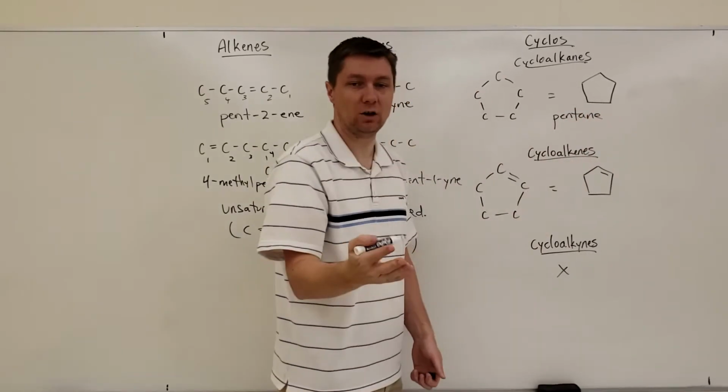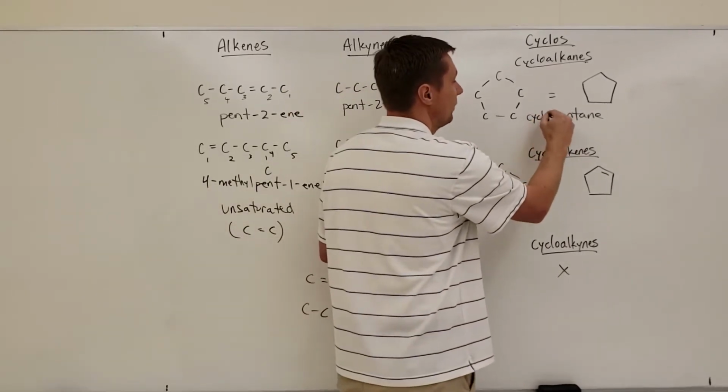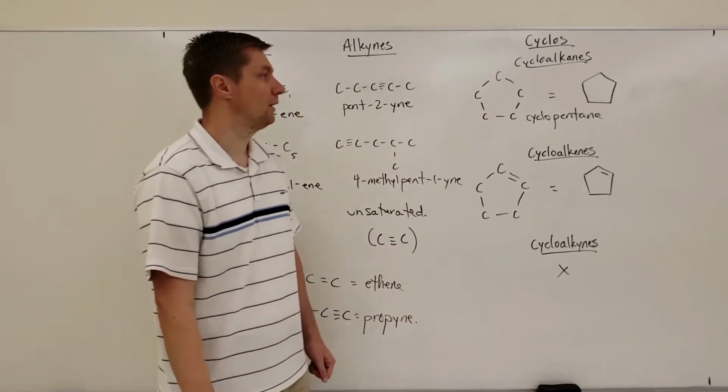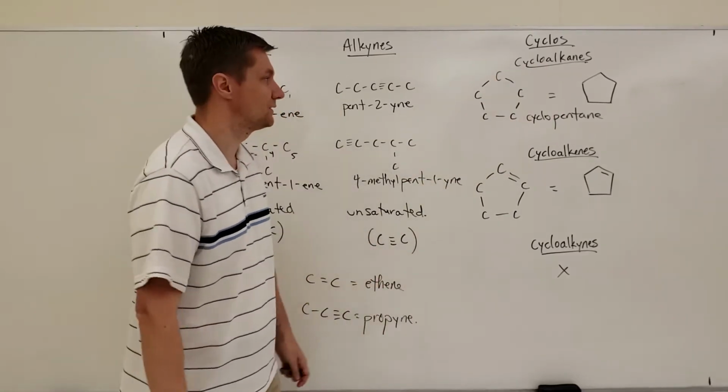The chain is 5 long and it's an alkane because they're all carbon-carbon single bonds. We just put cyclo in the front of that. So the name of this guy here is cyclopentane, and that's how you do those.